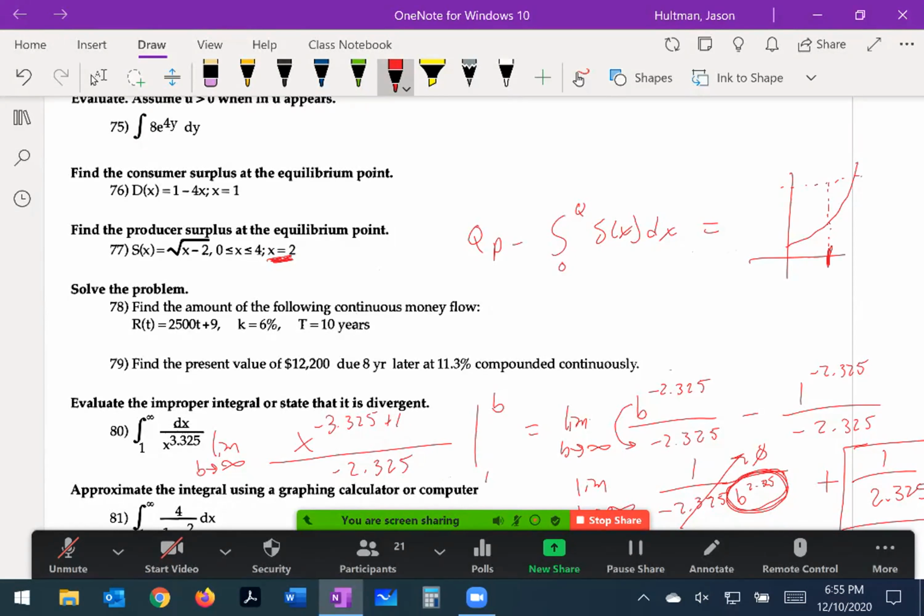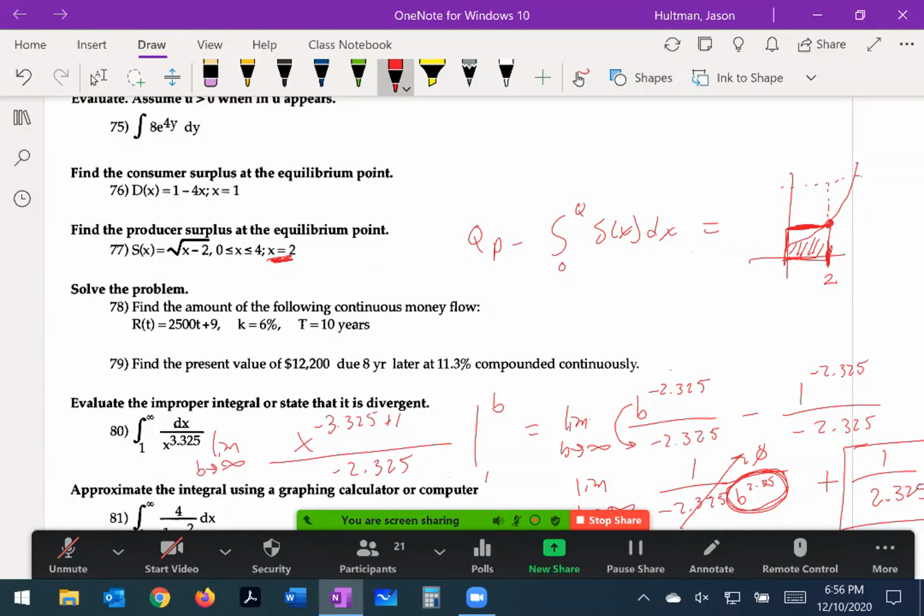Okay, so we're at X, from 0 to X, and this is my rectangle, QP. I need to know what's the value of S of X when the price is equal to 2.